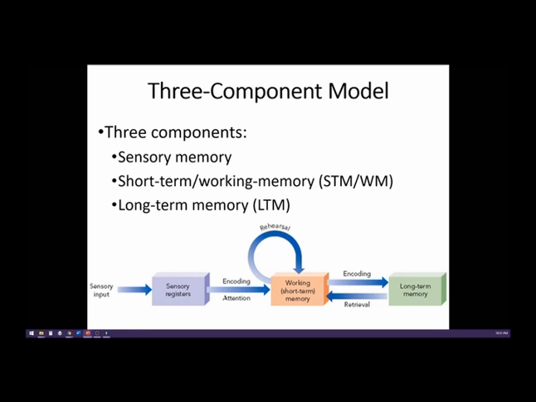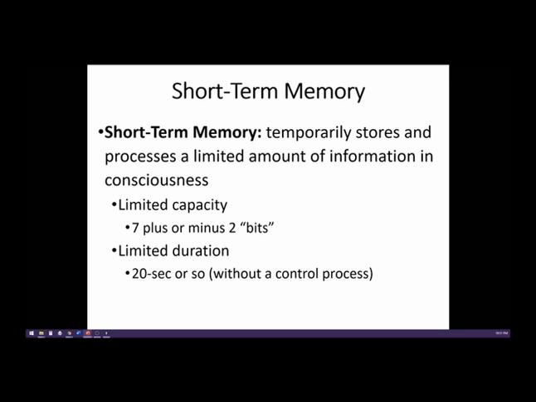So because we're paying attention to that incoming information, we are conscious of that information. So our short-term memory is what's going to allow us to, for a very short period of time, store and process some of the information that's coming in from our senses.